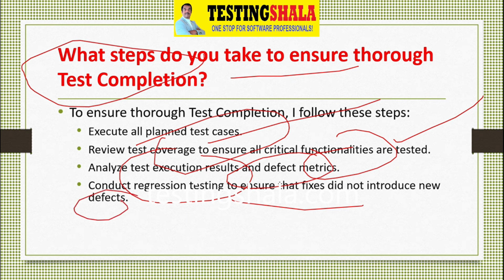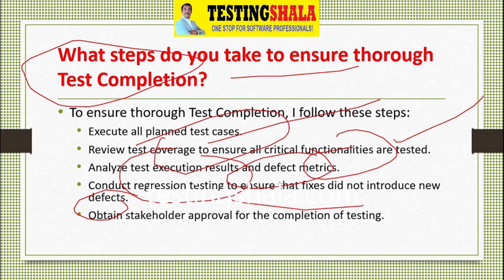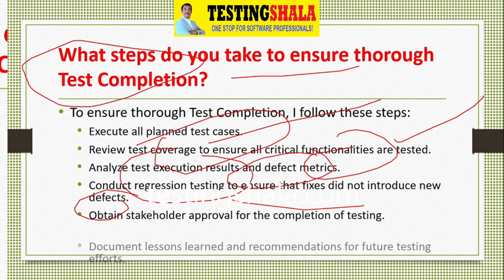That also we should validate. And the next one is, we should obtain stakeholder approval for overall test completion as well. These are some of the basic steps that guarantee that we have done thorough analysis in order to sign off the test completion.